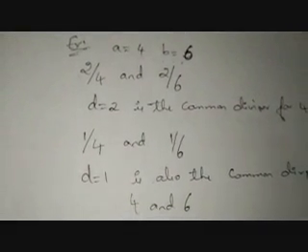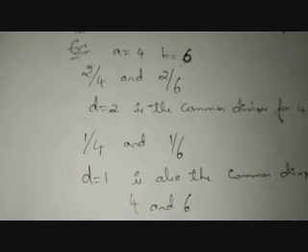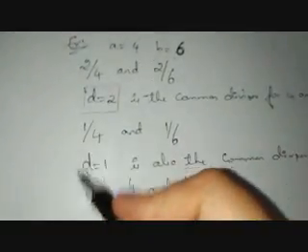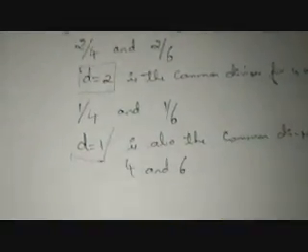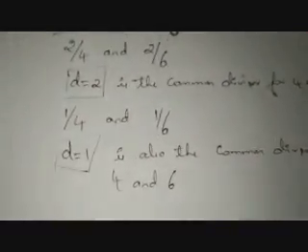Is there any other number that divides both 4 and 6 at a time? No, there is no other number. So D equal to 2 and D equal to 1 are the only common divisors for 4 and 6.